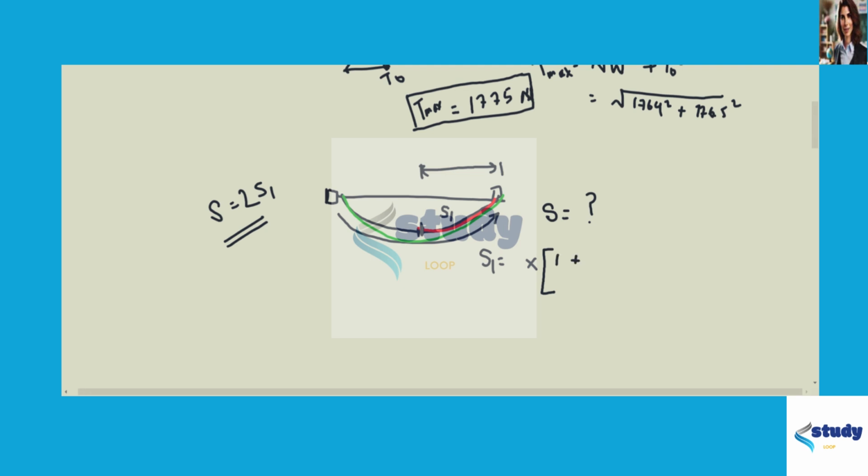S1 equals x times 1 plus 2 over 3 (y over x) squared, minus 2 over 5 (y over x) to the power 4. y is the coordinate of this point, so y is 1.5, x is 30. This equation will have more terms because it's a binomial expansion, but we will consider only two terms, because it will converge only in two terms, or maybe I think it will converge only in the first term.